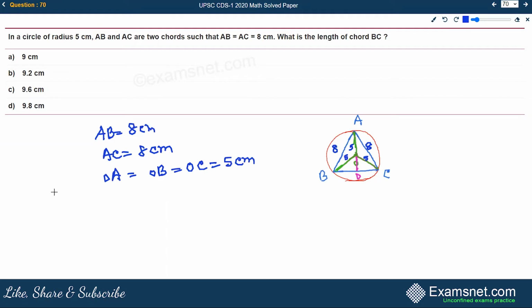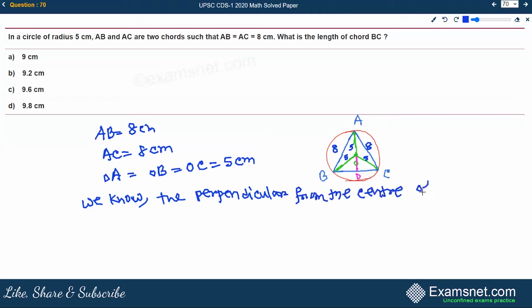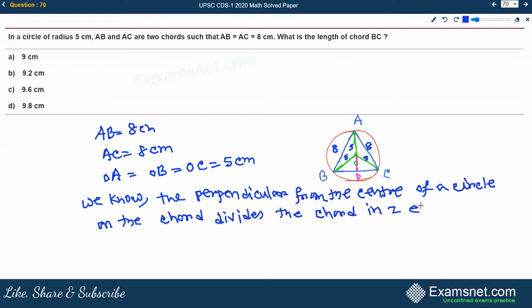Okay. Now we know that a perpendicular from the center of a circle on a chord divides the chord in two equal parts.